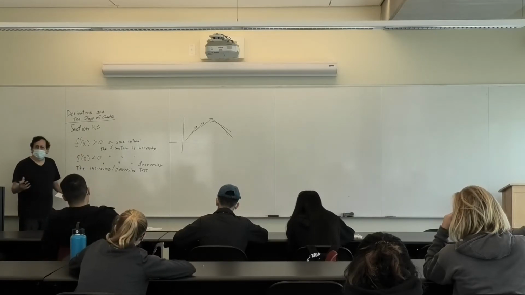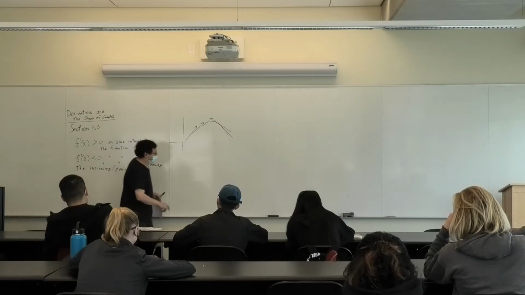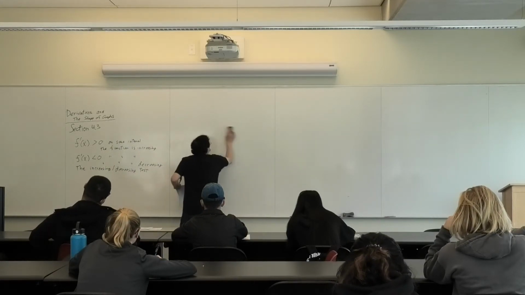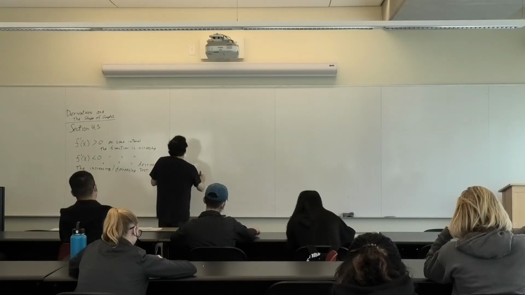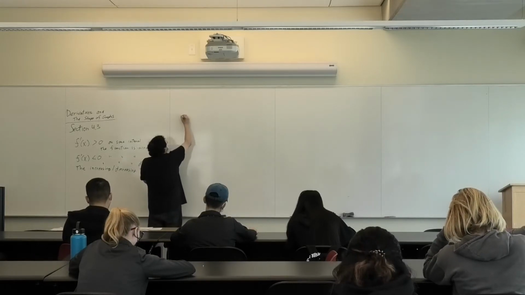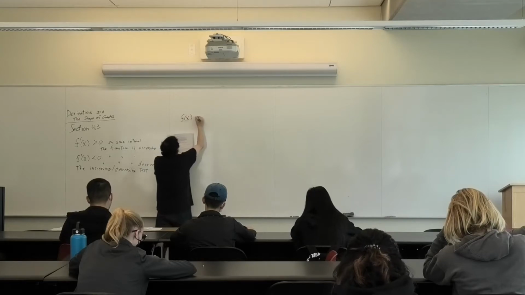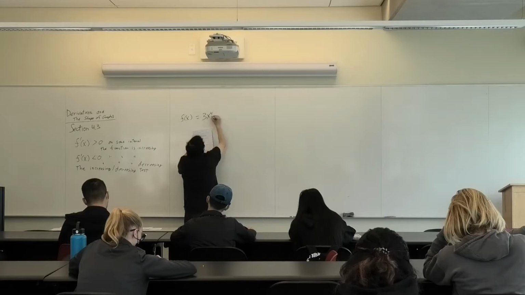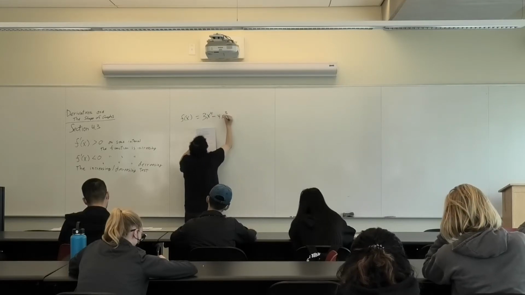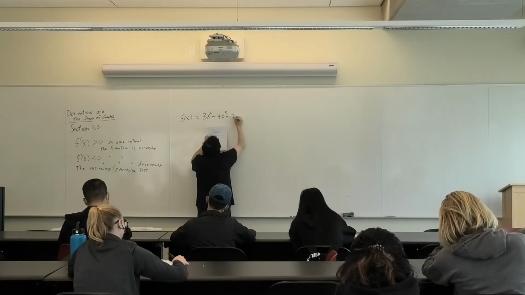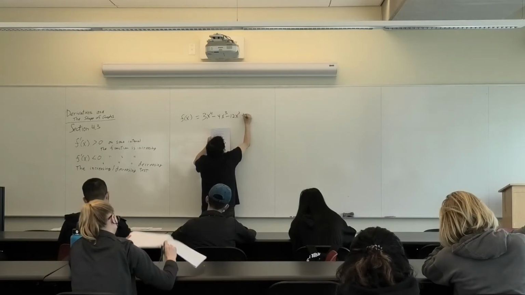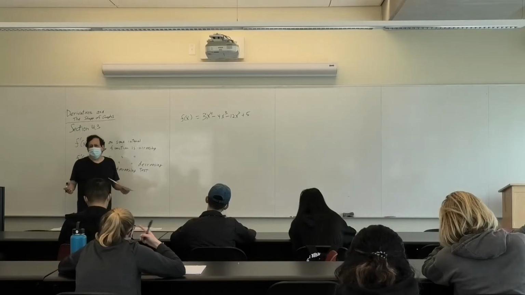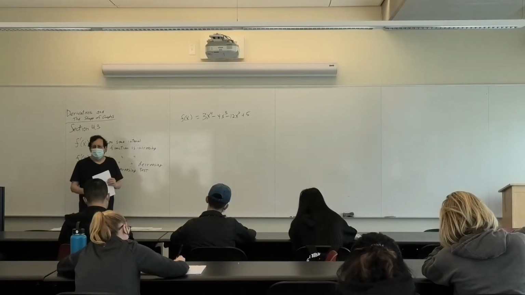So let's do an example. We're going to take the function 3x to the 4th minus 4x cubed minus 12x squared plus 5, and we want to see where this function is increasing and where it is decreasing.